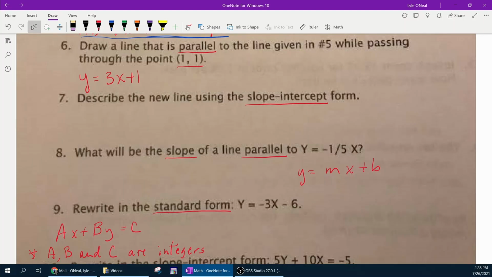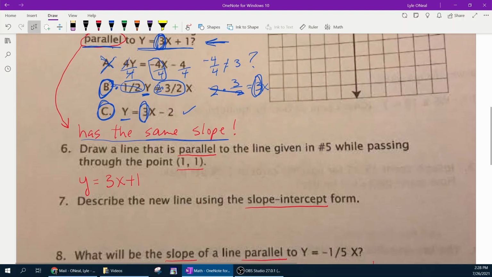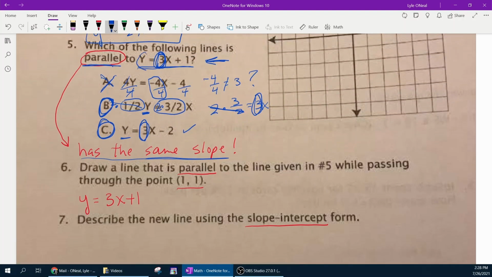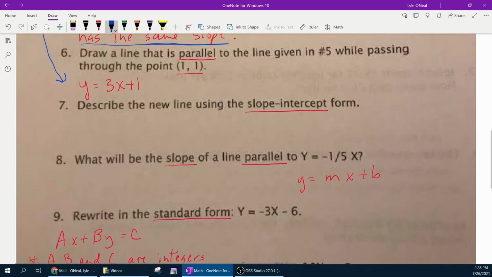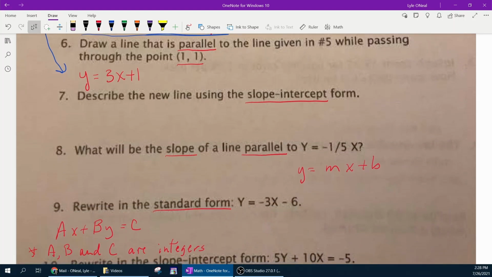All right, for question 6, it says draw a line that is parallel to the line in number 5. So what I did is I took the equation from number 5 and I just recopied it down here, y equals 3x plus 1. They want me to draw a line that is parallel to this line, but passes through the point 1, 1.